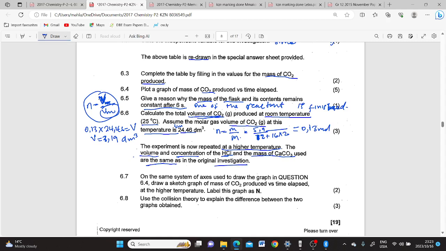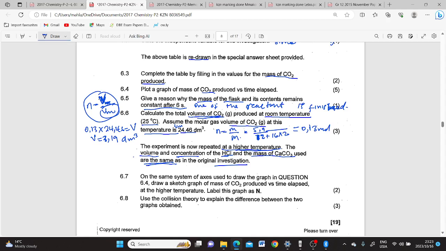So we're going to produce the same amount of carbon dioxide, but it will be produced at a higher rate. Because we're keeping everything the same but changing the temperature to higher, the reaction will be faster, but the amount of the product will remain the same.